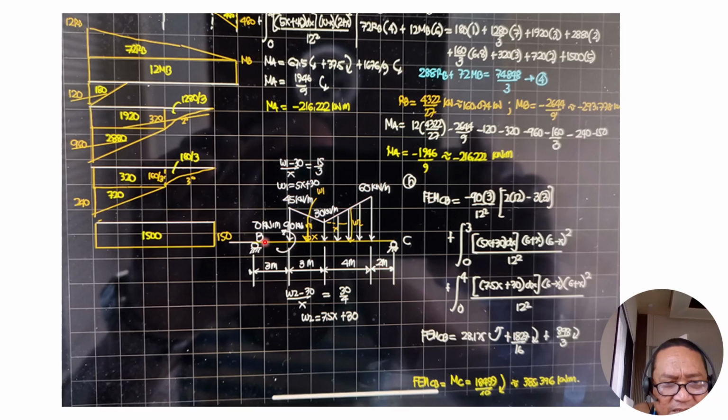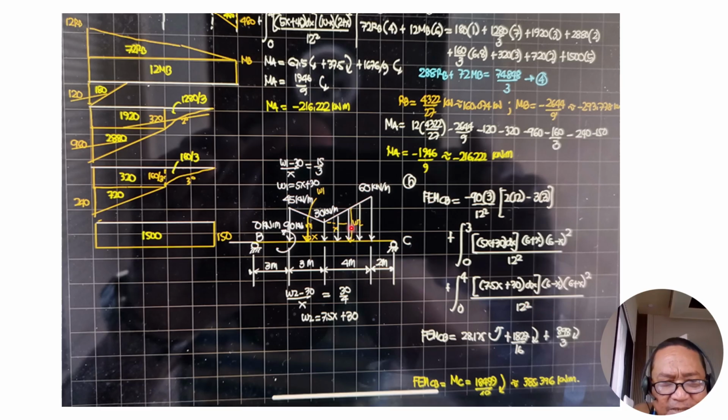B square is this distance here, which is 6 minus x quantity square all over L square. Then for this, dp is W2, 7.5x dx, integral 0 to 4 limits. Then its distance from C is A, and that is 6 minus x.